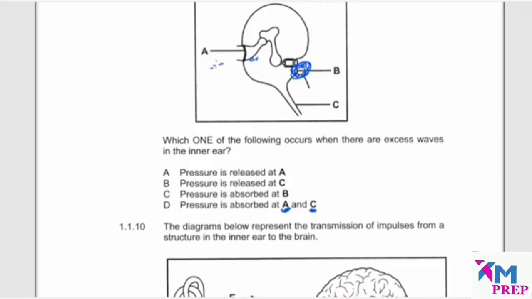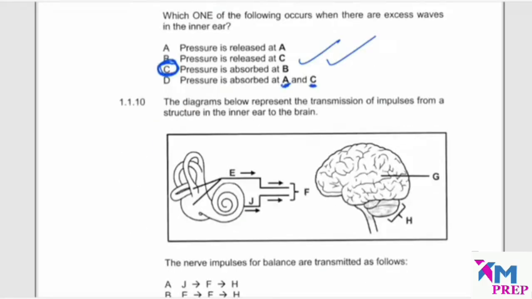On either side. This side and this side. So you're talking about absorbing excess pressure in the inner ear. The answer is C. So the answer becomes C. Yes, around the window. Someone is saying D, or I don't want to go to distinction material. I would have shown you that, but not today.